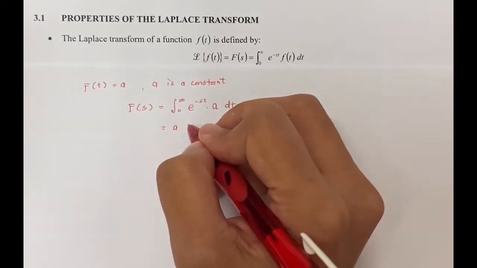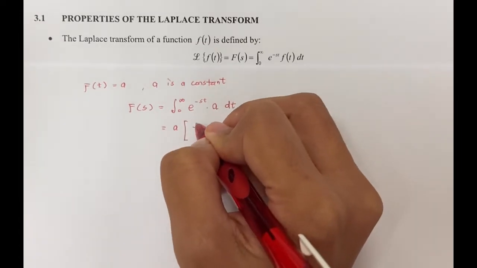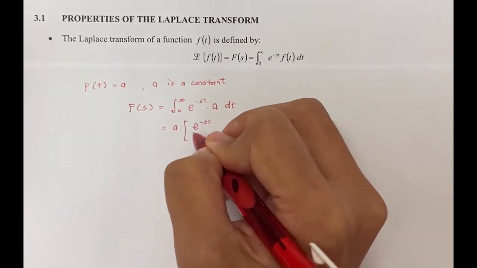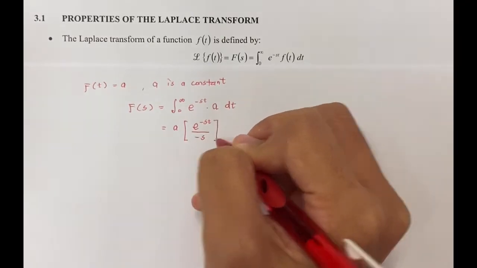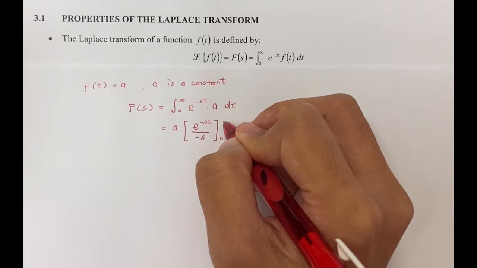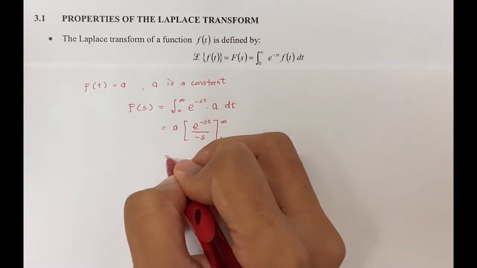So a times the integral of e to the power of negative st is equal to e to the power of negative st divided by negative s, and the limit is from 0 to infinity. Then substitute the limit.